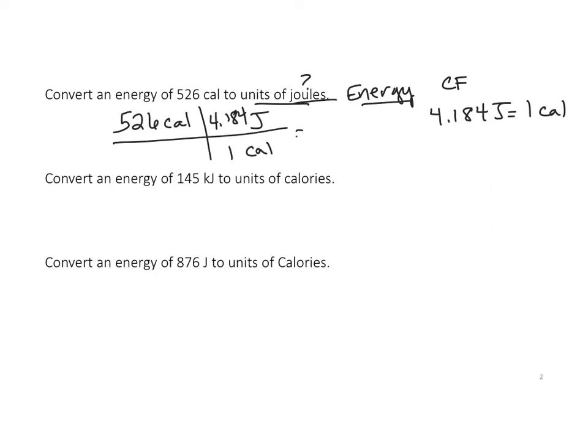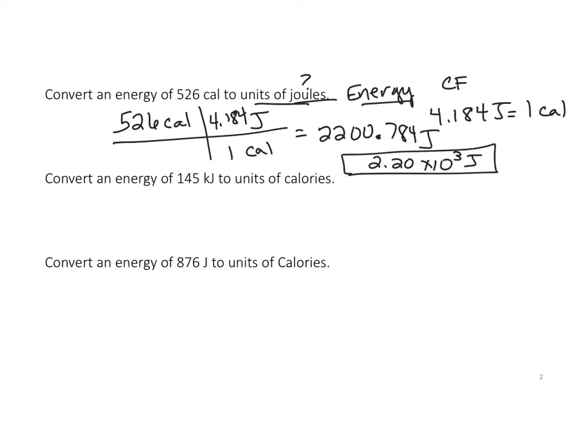And we have three significant figures, 2200.784 joules. We'll put that in scientific notation. So 2.20 times 10 to the 3 joules. And that's three significant figures, and that is your answer.